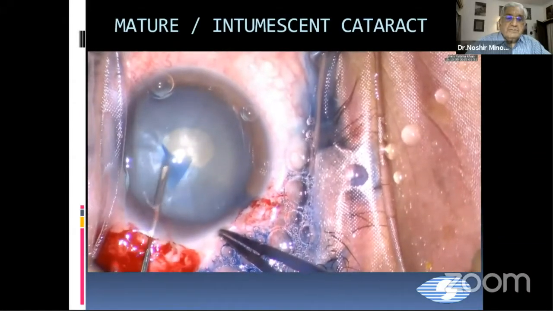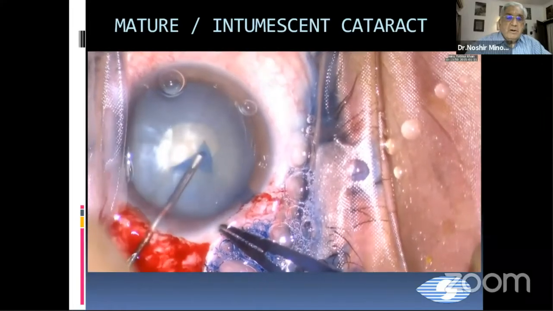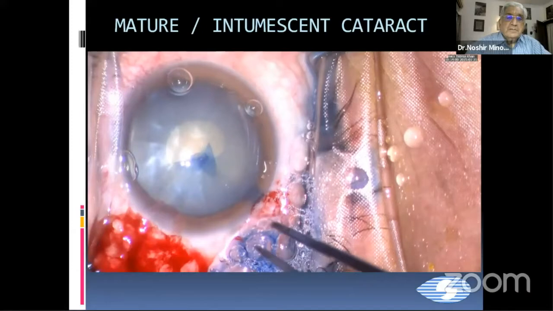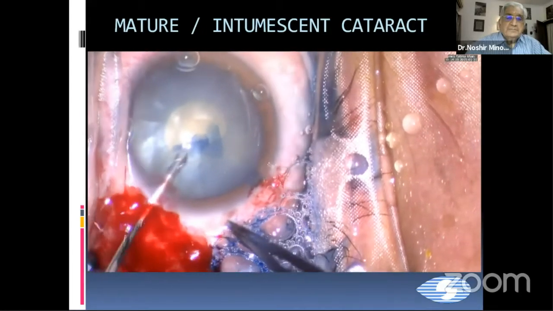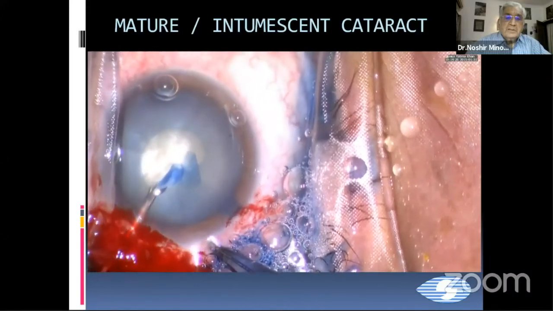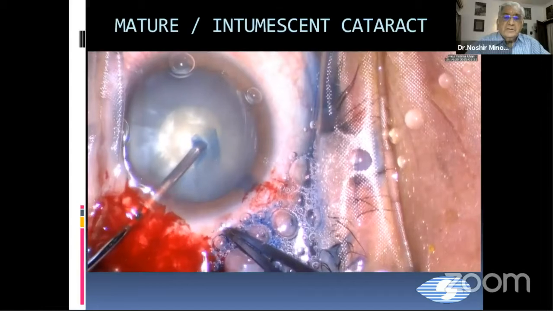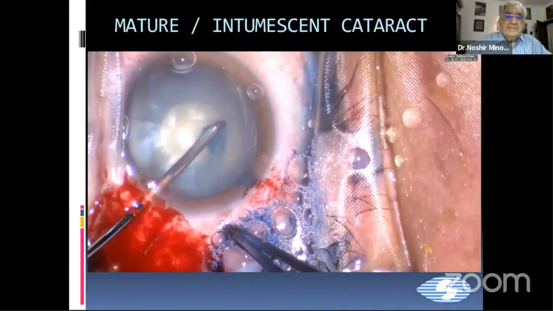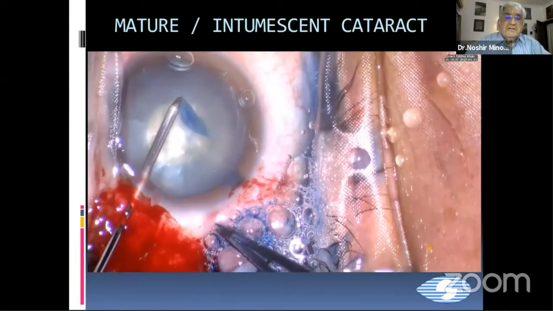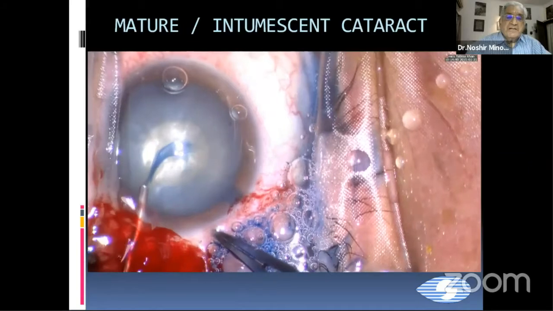What we do is we make a small rhexis first and complete this rhexis, but this rhexis is not adequate for phacoemulsification. This is a little too small for phacoemulsification.